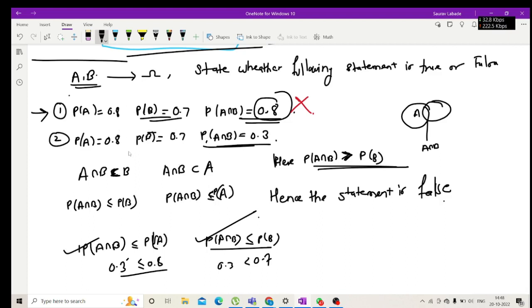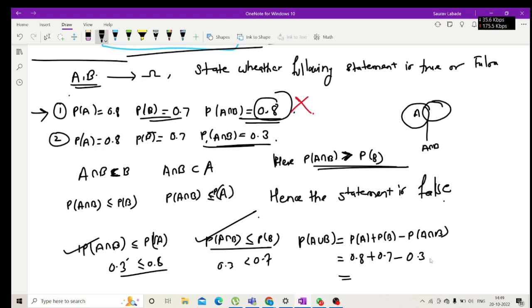But now if you try to find the union using this, what is my addition principle? The union is probability of A plus probability of B minus probability of A intersection B. Probability of A is 0.8, plus 0.7 minus 0.3.